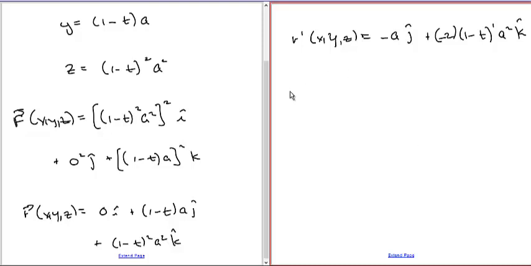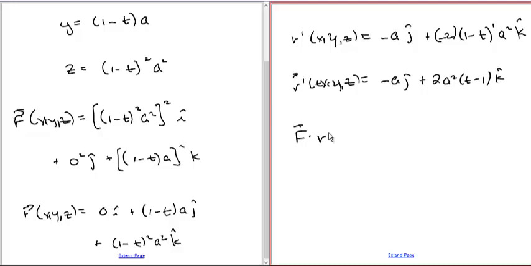So that's r prime of x, y, and z, negative a j minus 2 times 1 minus t a squared k. We can make it positive, positive 2a squared times t minus 1, so this negative sign switches those around. Okay. And then we do the dot product of these two vectors.